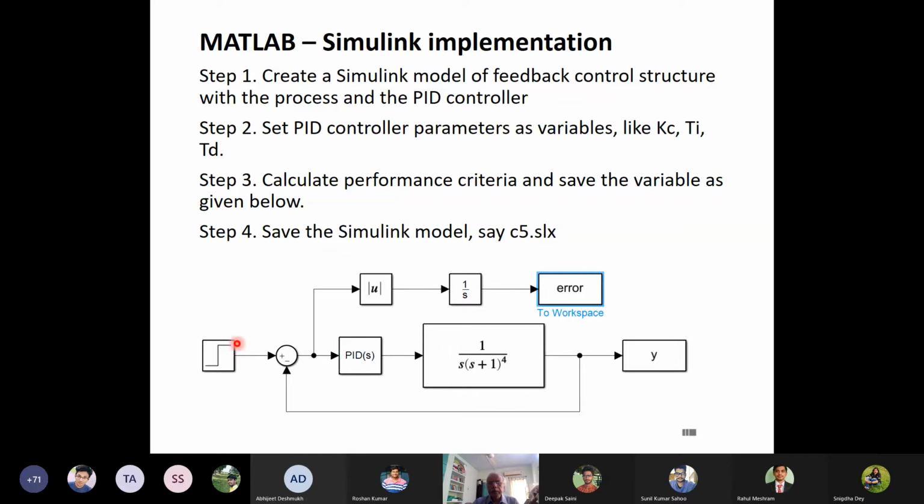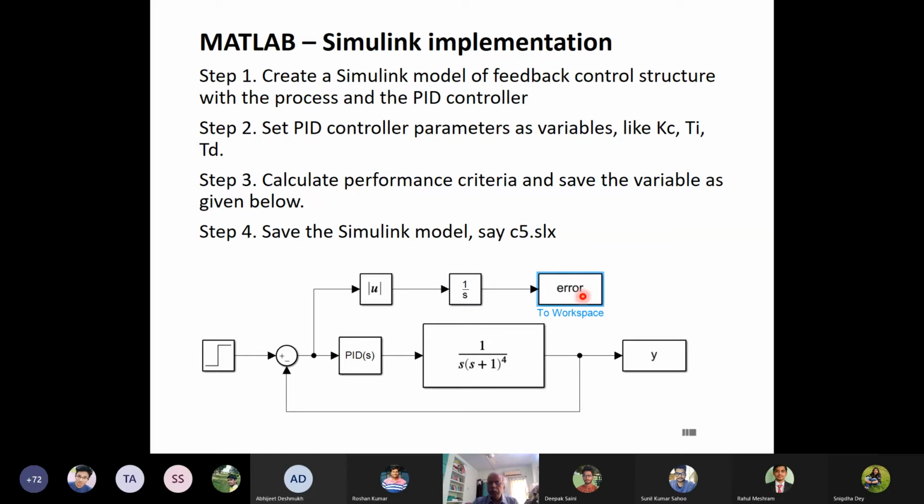And I put a certain step change in the set point, maybe a unit step change, and I record the error over here. I take the absolute value of the error and then integrate. And this cumulative error is saved over here.